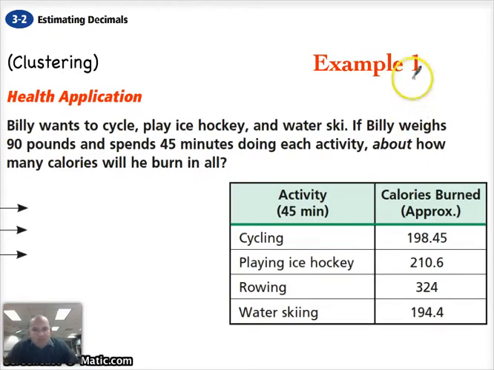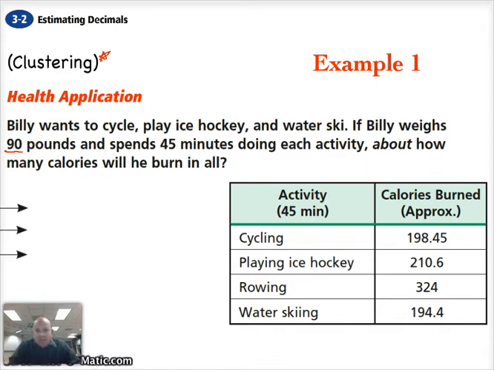Here we have example 1. This is a look at clustering. Billy wants to cycle, play hockey, and water ski. If Billy weighs 90 pounds and spends 45 minutes doing each activity, about how many calories will he burn in all? This table, although it doesn't say it, is a table that is designed specifically for somebody that is 90 pounds.